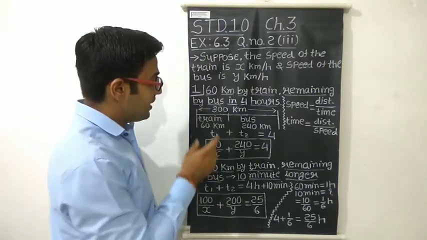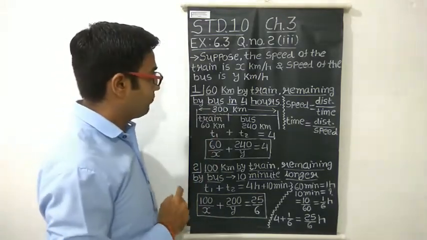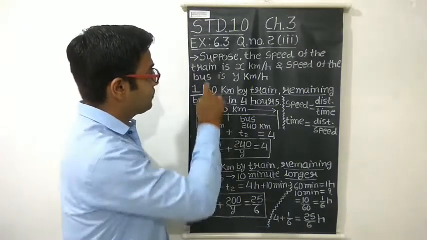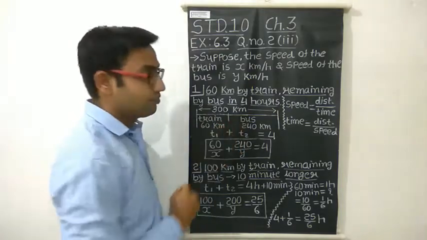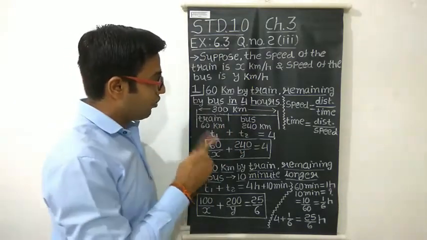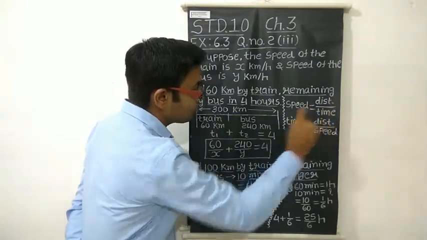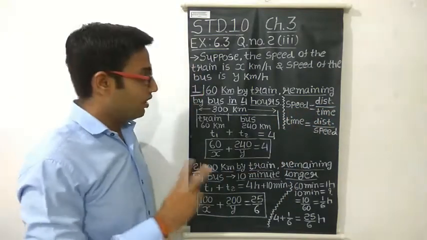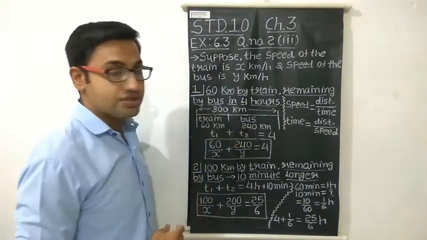So now, based on that, we have to make an equation. What we have is the speed of the train and bus, and we have the distance. Now, according to the formula, speed is equal to distance over time. Here we are given two things: one is 300 km and one is 4 hours.